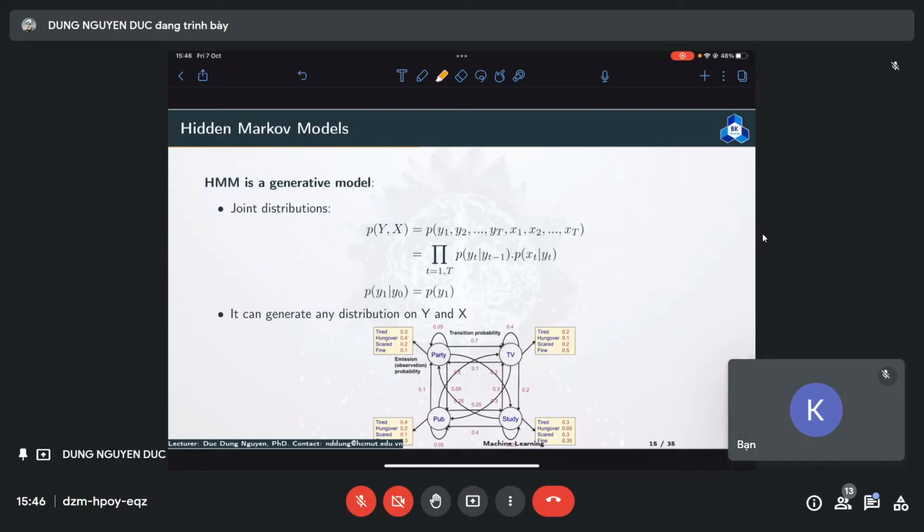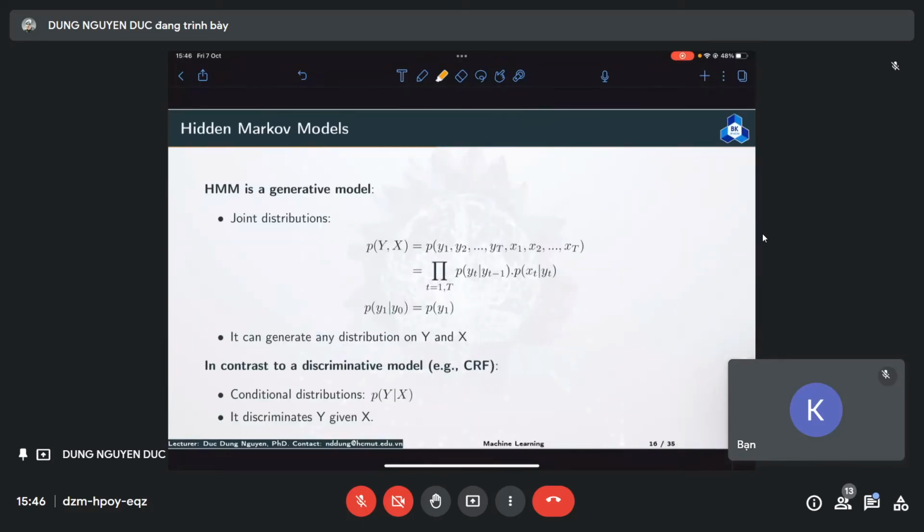But the other application of hidden Markov model is to predict a hidden state. So maybe you don't know what happens, but you try to predict what happens. And that is what we are talking about. Okay, and it's very different from the conditional random field, because the conditional random field and other discriminative models try to model the conditional distribution P of the hidden state given the observation.